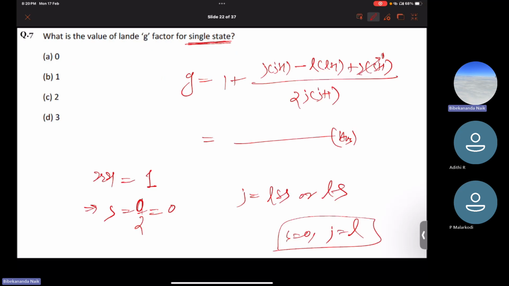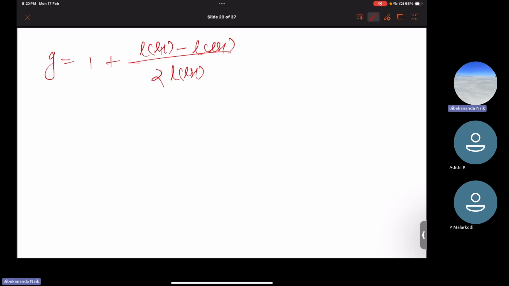So since J is equal to L, write the formula again. It will be 1 plus [L(L+1) minus L(L+1)] divided by 2L(L+1), because the S term becomes 0 and J equals L. So L(L+1) gets cancelled out, it will be 0 by 2L(L+1).